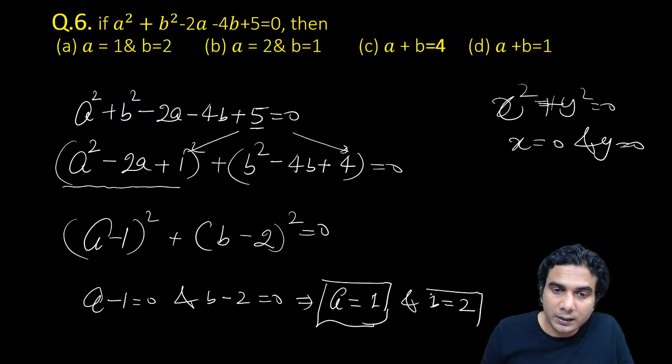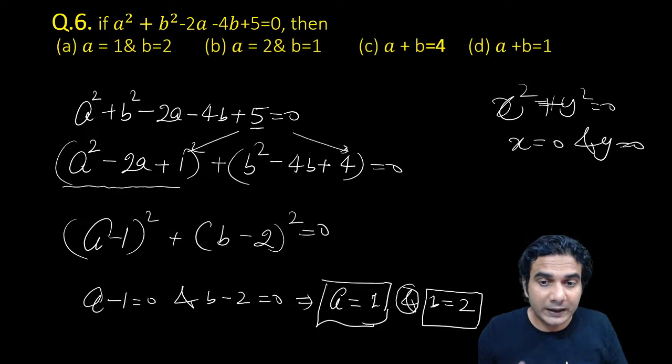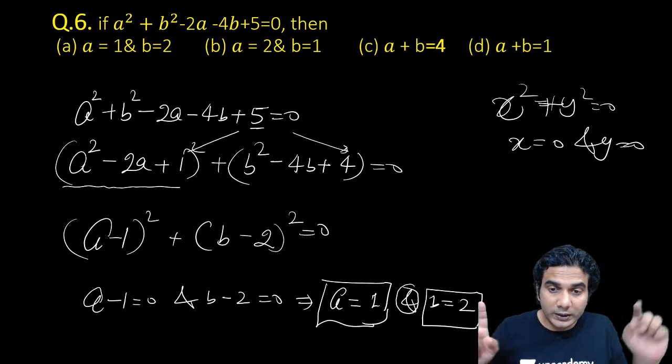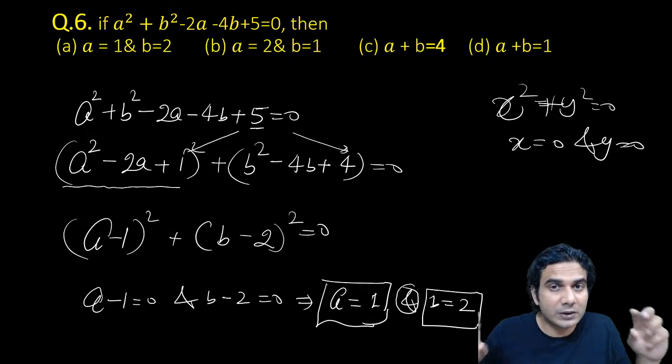Okay, and for c, I'm putting this "and" or "or". Always keep noticing these things, "and" or "or". Try to notice these things from the beginning. "And" means these two things are true simultaneously, "or" means either this is true or this is true. That means at least one of the two will be true. They might be true simultaneously also, but we can't say that if it is "or".